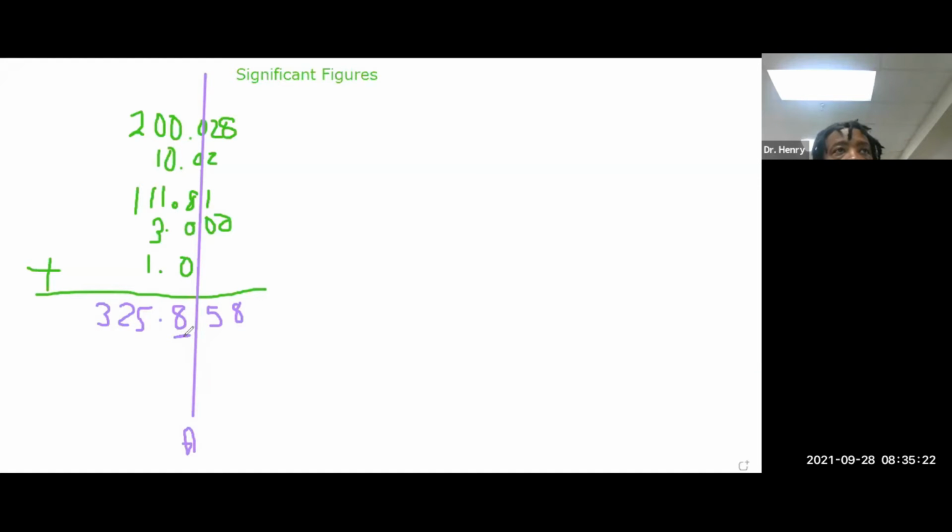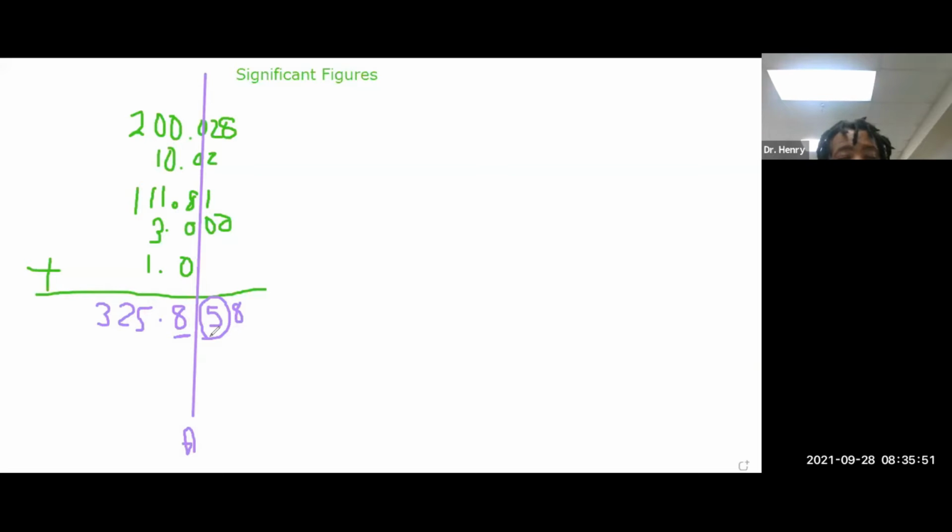In this case, we'd have 4 significant figures for our final answer. So now we need to look at the number next to it. The rule is if it's greater than 5, we round up. If it's exactly 5 and there are no numbers following it, we leave it alone.